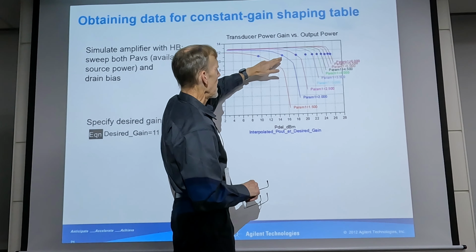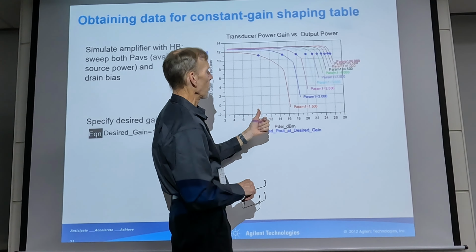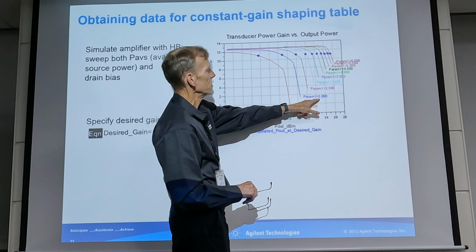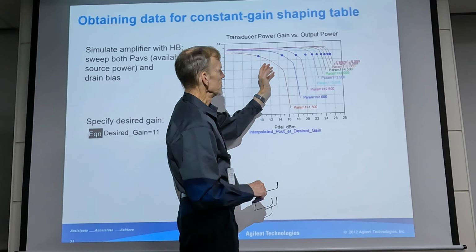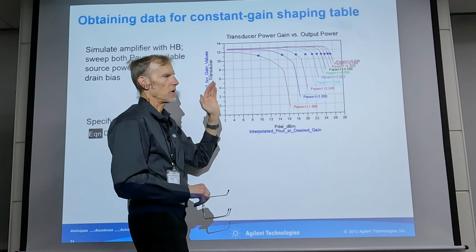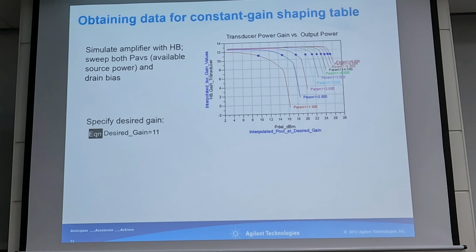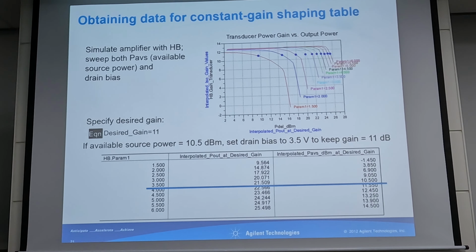Then when the input power is 15 minus 11, or about 4 dBm, we need to set it to 2. So this gives you an idea of how you need to adjust the drain bias as a function of the input power. And that's just what this is showing here.